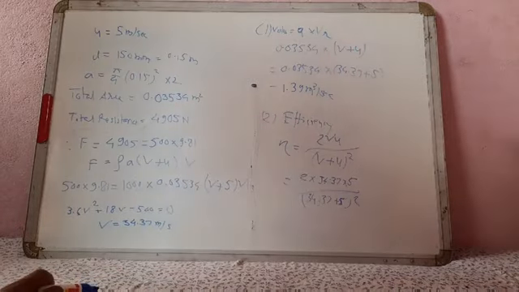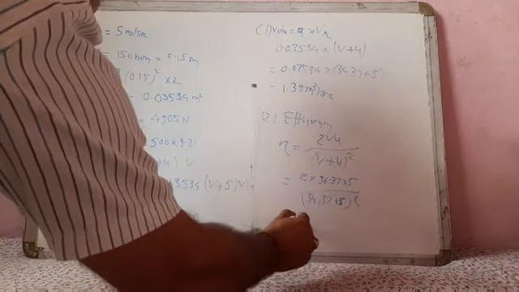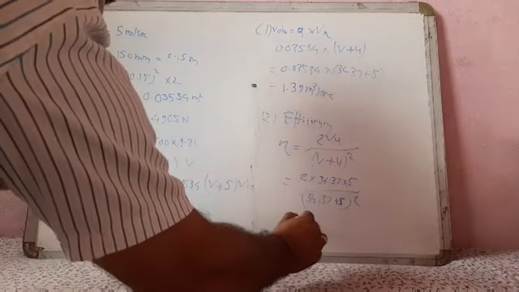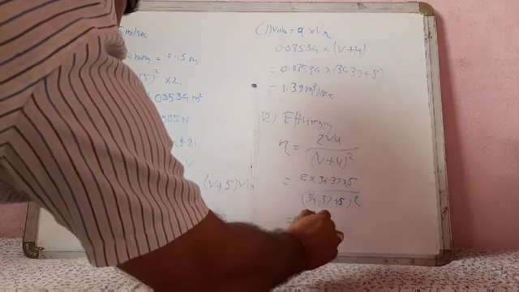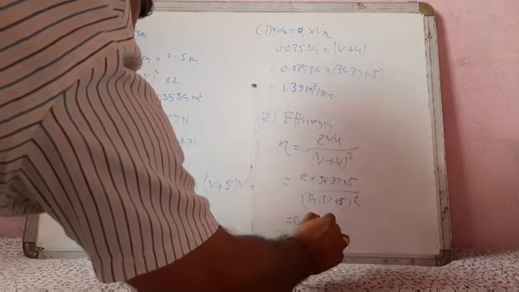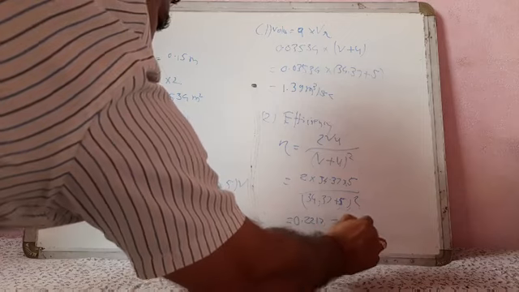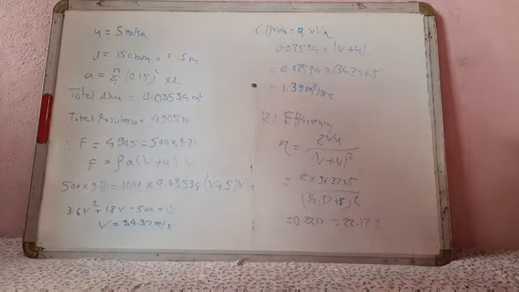So the value of eta here is 0.2217, that is equal to 22.17%.